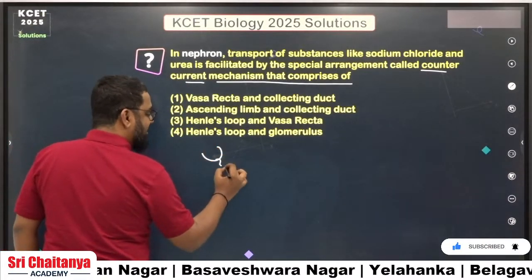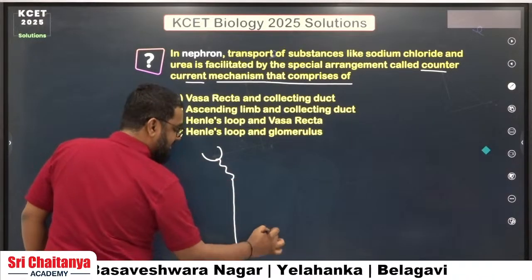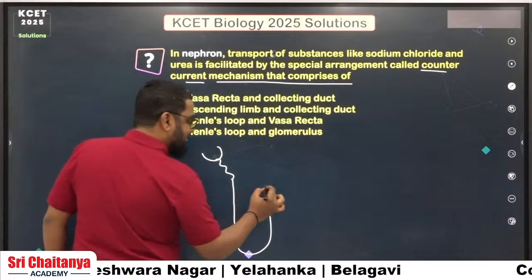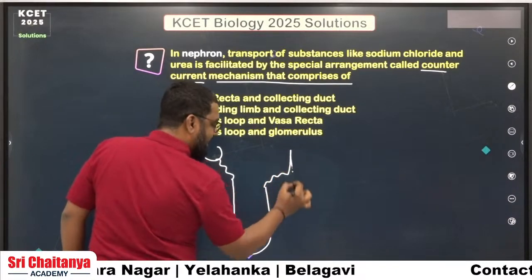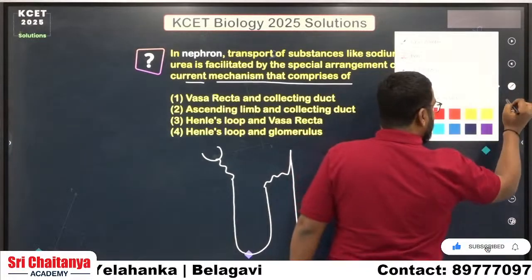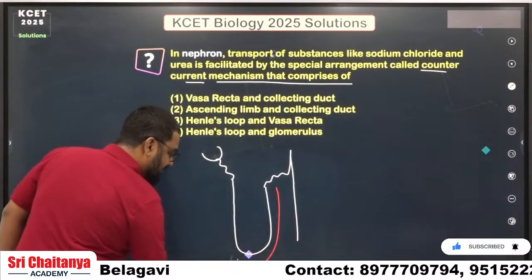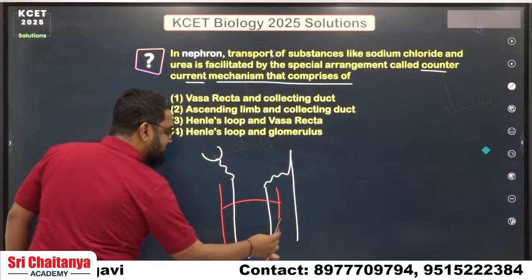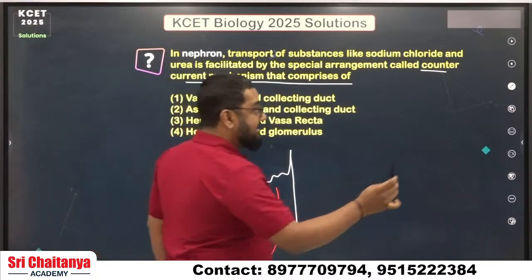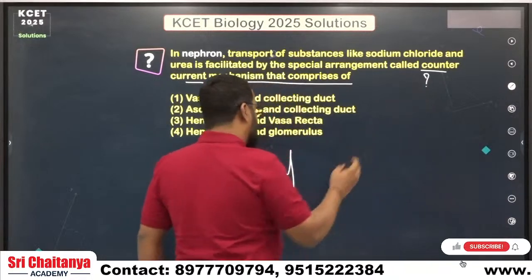Generally a nephron has these parts: Bowman's capsule, PCT, descending limb of Henle's loop, ascending limb of Henle's loop, DCT, and collecting duct. Whereas around the Henle's loop, you can clearly see presence of an intricate network of capillaries. In this case, why is this called as countercurrent mechanism?